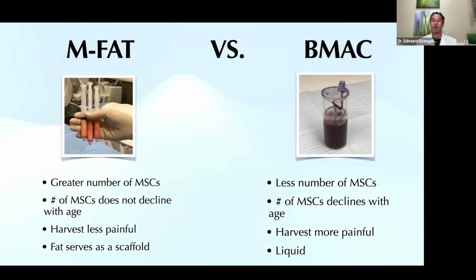Whereas with bone marrow aspirate concentrate or even PRP, if you inject that, that is really a liquid. So when you inject into a larger tear, it's just going to spill out of the tear, not going to really stay there to heal that defect. Whereas the fat really sticks in there and I think has definitely a higher propensity to heal these larger tears.